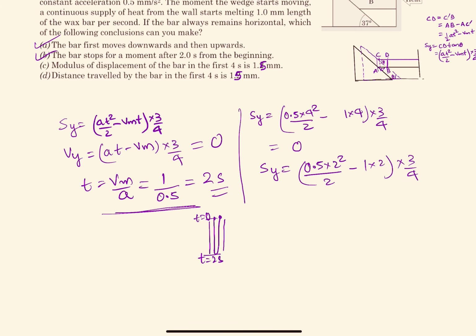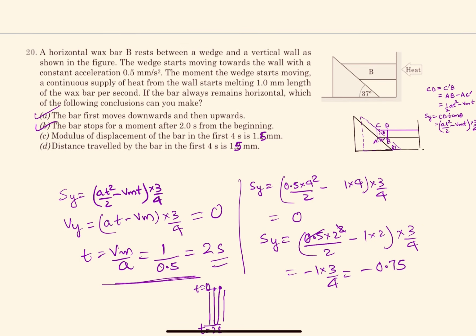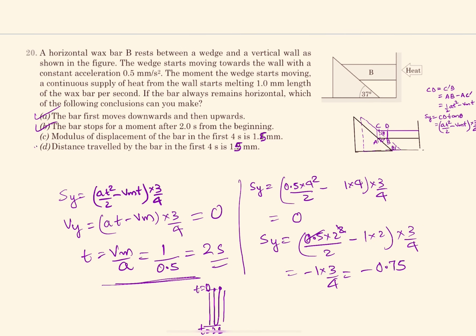So how much do we get? We get 2 is cancelled with this 1 minus 1 into 3 by 4, which is minus 0.75. Minus we are getting because it is going down. So 0.75 it goes down and 0.75 it goes up. So displacement is not 1.5, but distance is 1.5. So that's the answer.